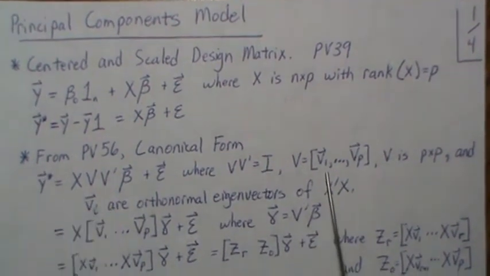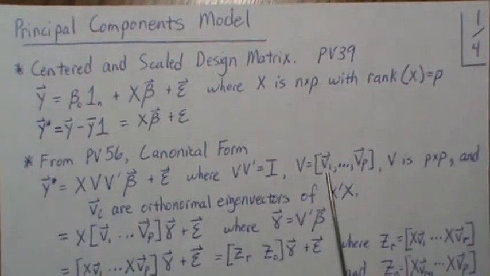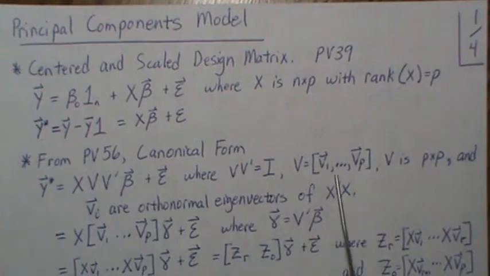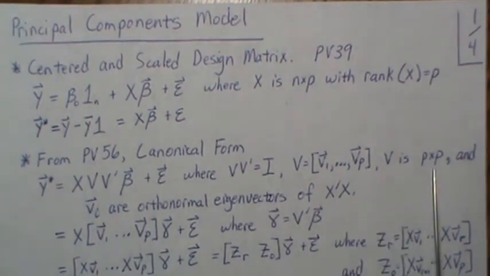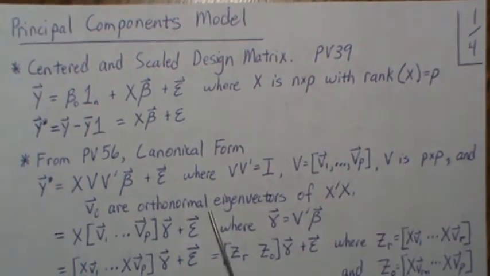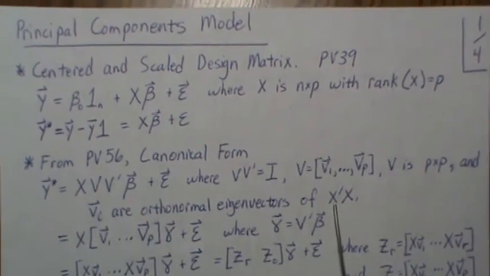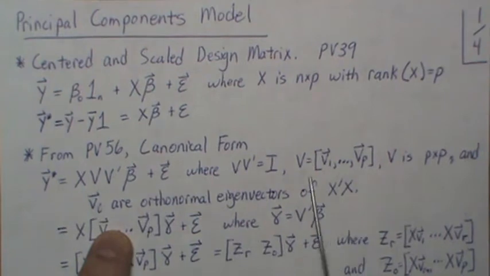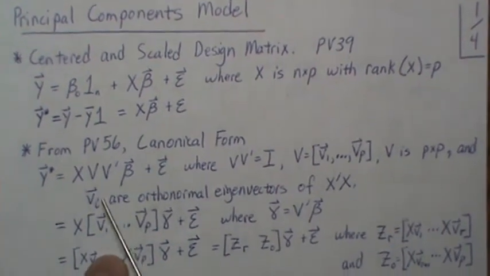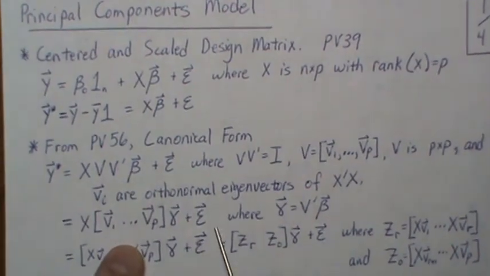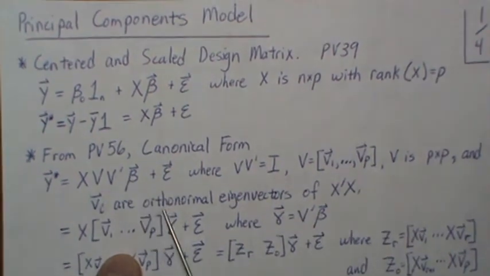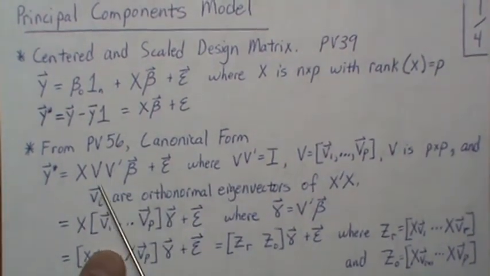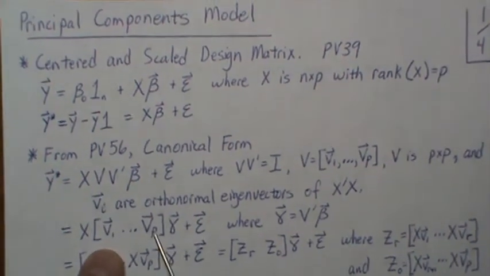But V can be thought of as v1, v2 to vp in columns, where V is p by p and the vi are orthonormal eigenvectors of X transpose X. And again, previous video 56 for more details. Now the epsilon comes down, V prime beta we're just going to call gamma, and then we're going to write out V into the p columns.